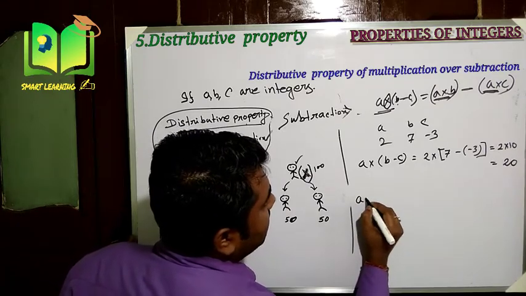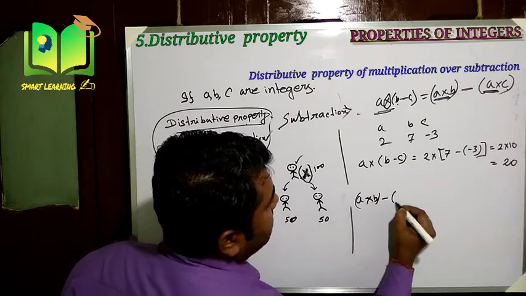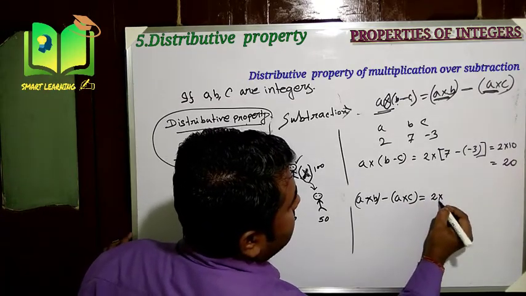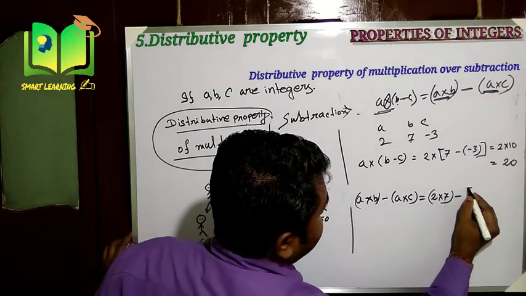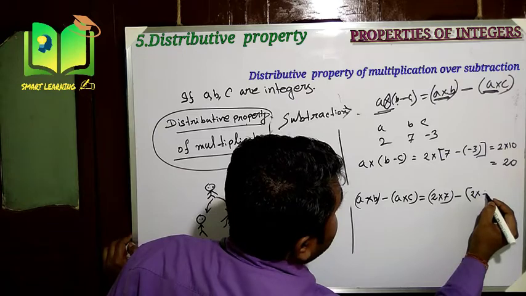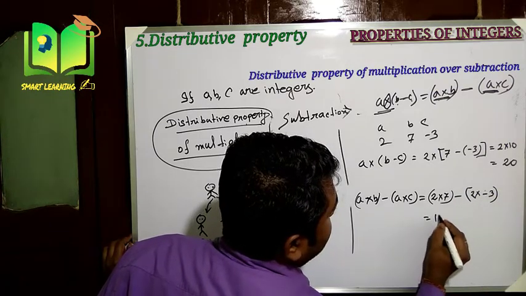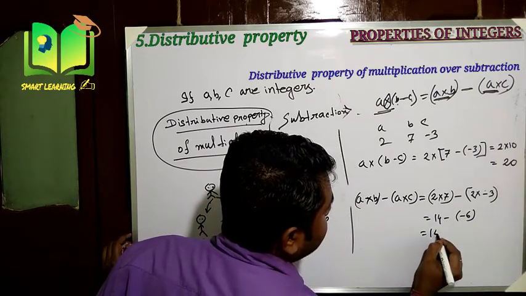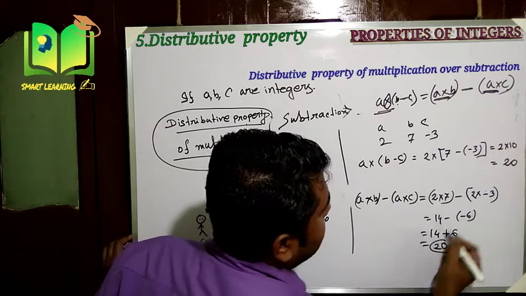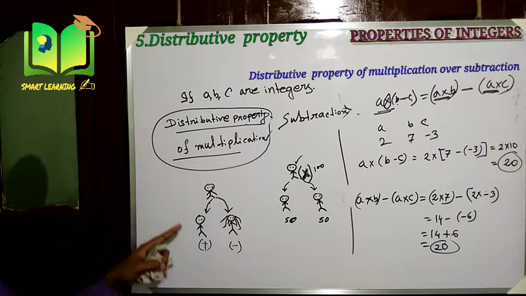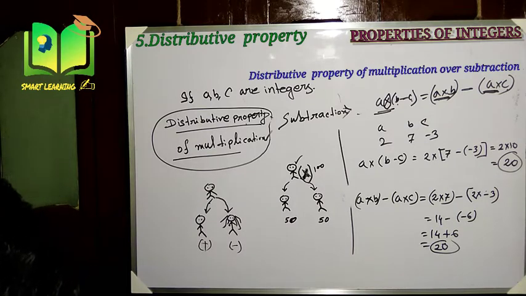Now see, A into B minus A into C equals 2 into 7 minus 2 into minus 3 equals 14 minus minus 6. So 14 plus 6 equals 20. Both are same to same. So what we can see here? Distributive property of multiplication over subtraction.